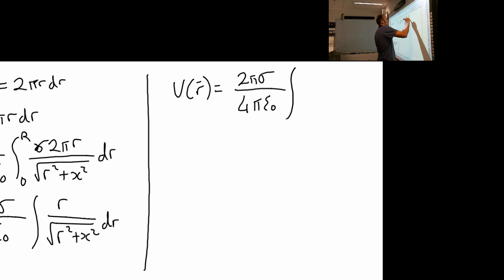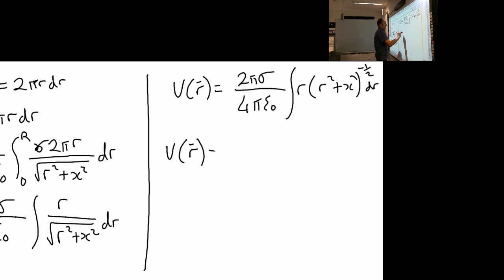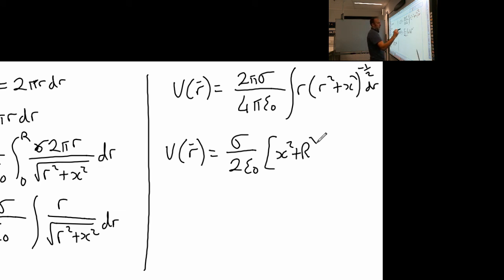So V of r will be equal to 2 pi sigma over 4 pi epsilon naught times the integral of r times (r squared plus x squared) to the power of minus a half, dr. We solve this integral, and what we get is V of r equal to sigma over 2 epsilon naught times the quantity (x squared plus R squared) to the power of a half, minus x. And that is our final answer.